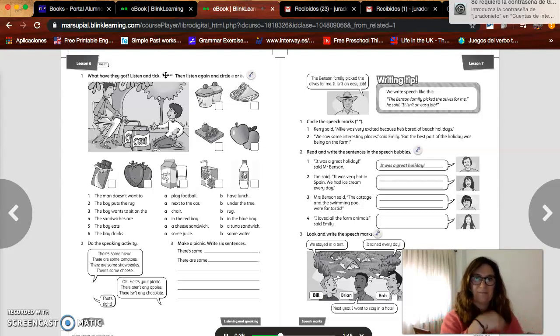No, you can't. That's my chair. You can sit on the rug. Okay. Are the sandwiches in the red bag? No, they're in the blue bag. Are there any cheese sandwiches? No, but we've got tuna sandwiches. Here you are. Oh, good. I like tuna. Thanks.